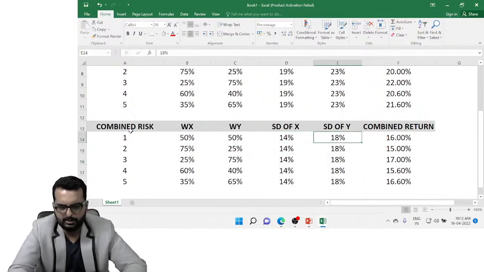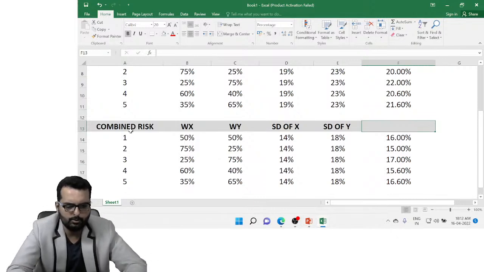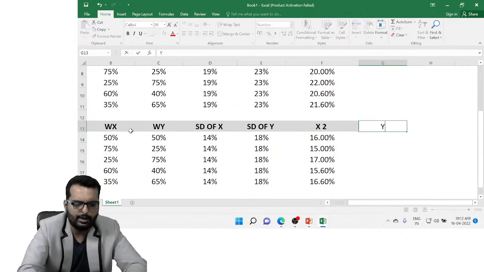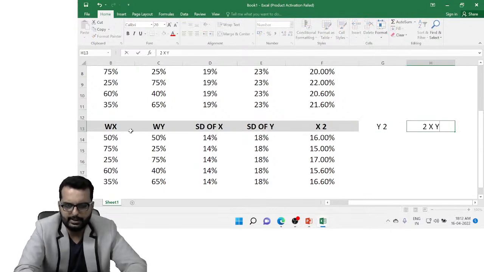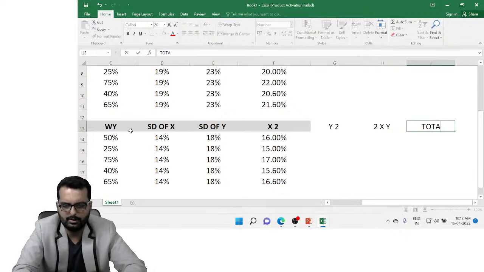All right, that would come, and here combined risk will not be so easy. What we have to do is we have to do X square. I hope you know the formula. X square we'll do, then we will do Y square. Okay, then we will do 2xy and then we will take the total. That will be the combined risk.